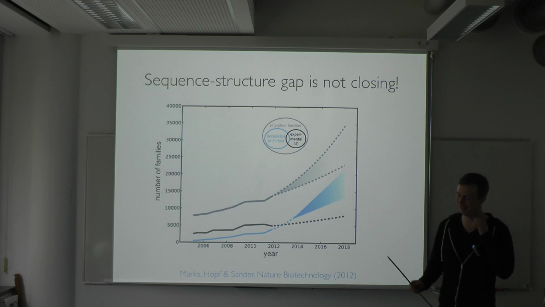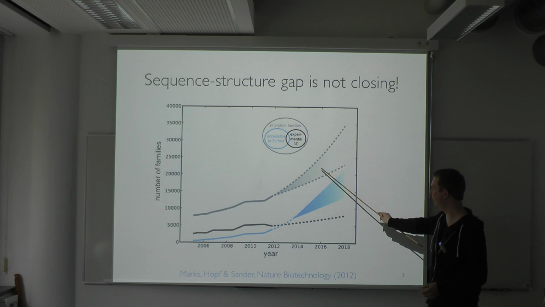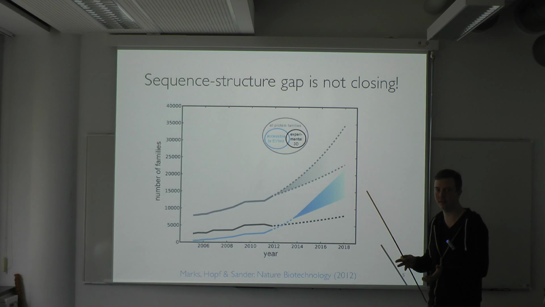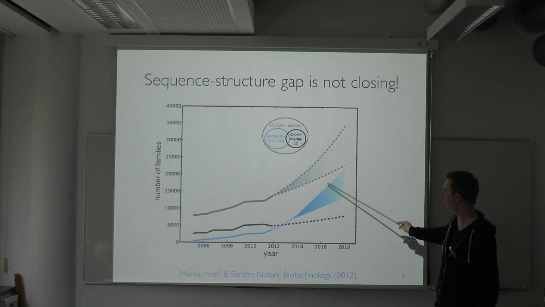But no matter if it's 80 million or 50 million, it's still orders of magnitude between the number of structures, which are right now I think about 100,000, which are highly redundant, so they're often the same protein over and over again anyways. There's a high gap between the number of sequences that you have, or if you group them together, if they're similar in terms of sequence families, and what you have in terms of structures.